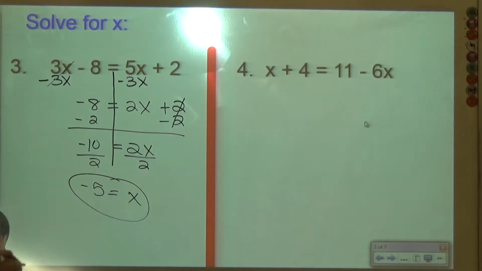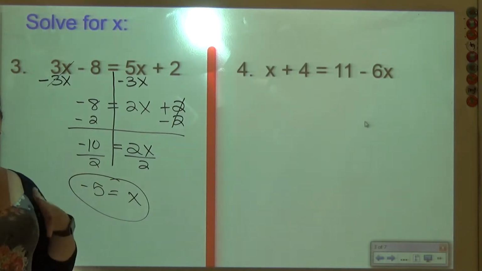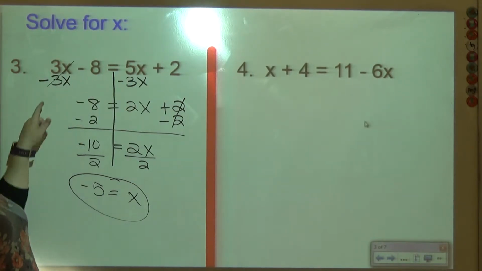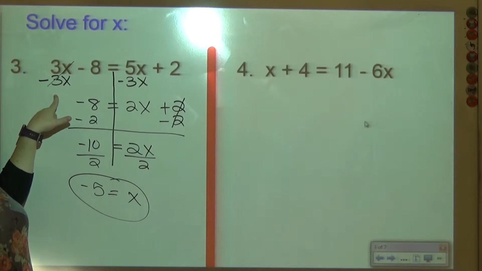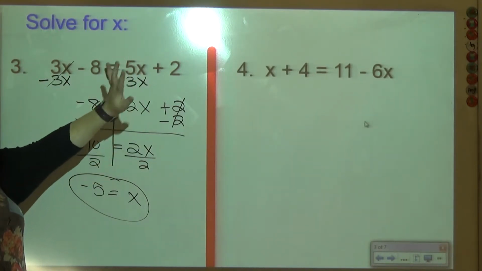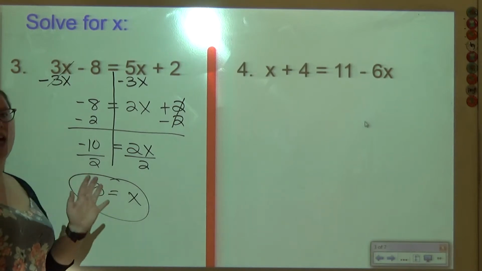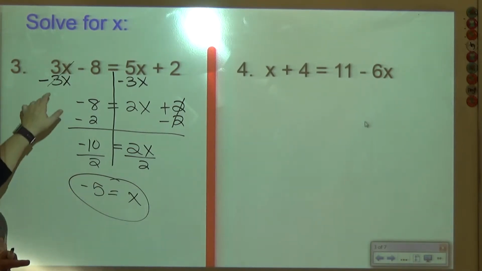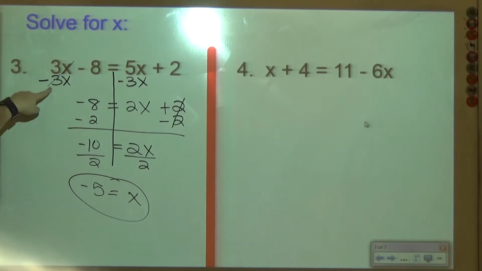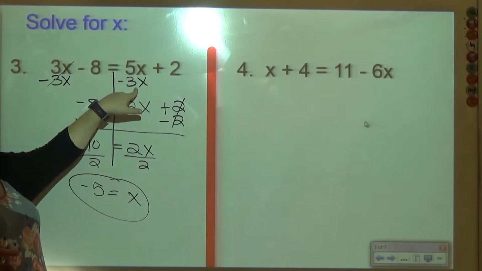So before we can solve for x, we have to get all the x's on the same side, and we do that through adding and subtracting. You can't divide over here. If you tried dividing, you would just get crazy answers and denominators and weird fractions. We don't want to do that. We need to move these together through adding and subtracting. He walks out of his house and he walks across the street.